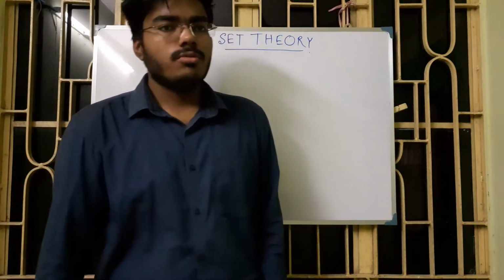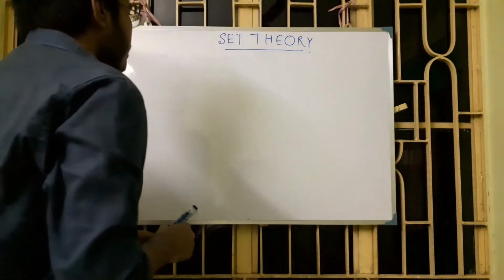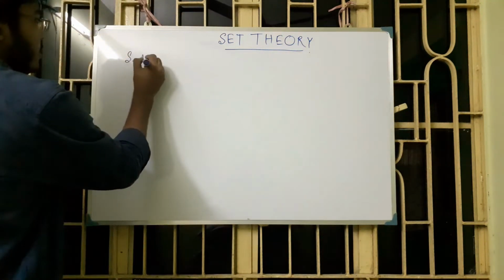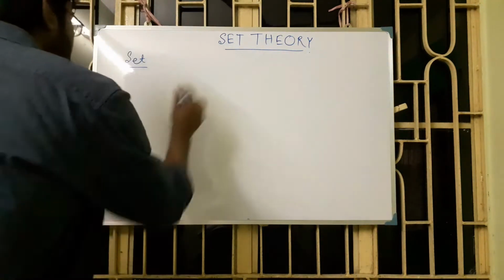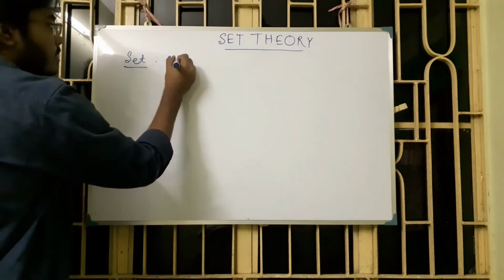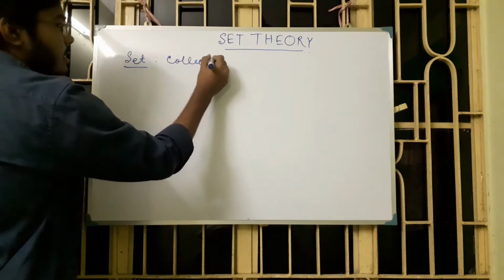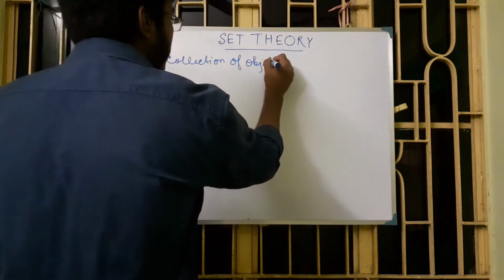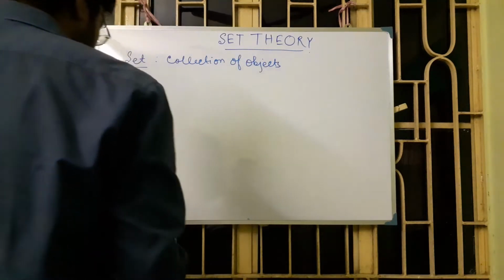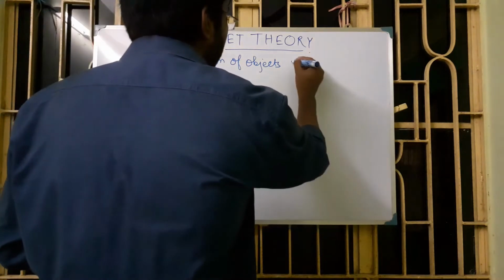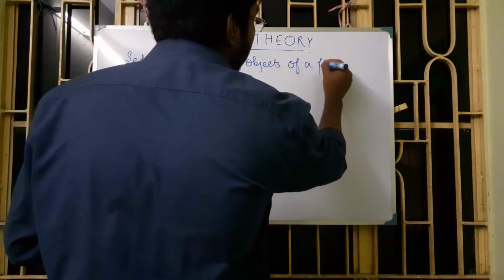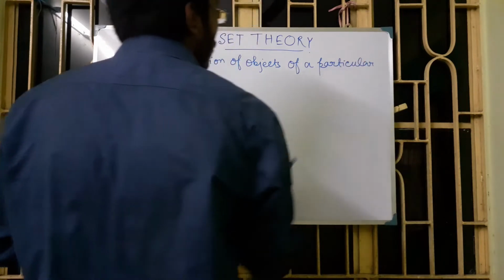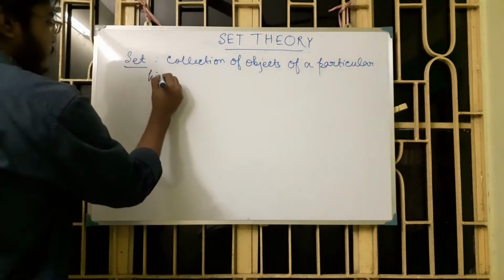So what is set theory? What is a set? First we have to know what a set is. A set is a collection of objects of a particular kind.